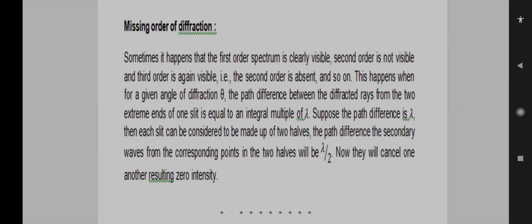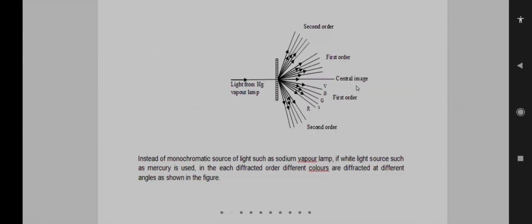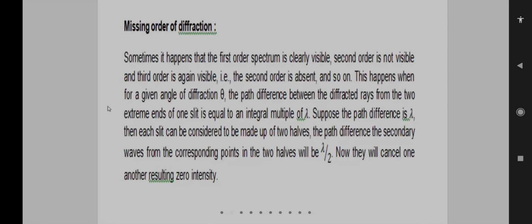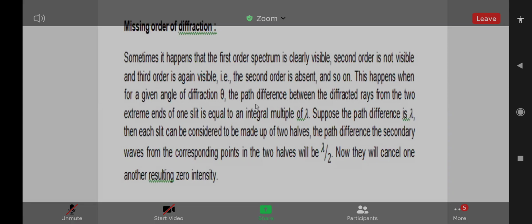Already we have talked about the order of diffraction: central maxima, first order, second order, like that on either side of the grating spectrum. If the order of diffraction increases, then the intensity of the light decreases. Sometimes some orders, such as the second order, may be missing.